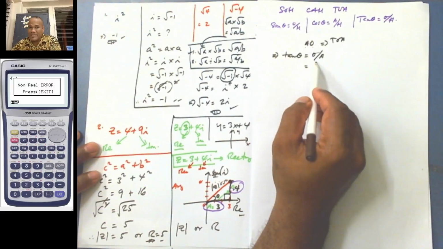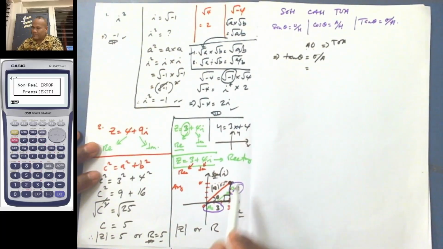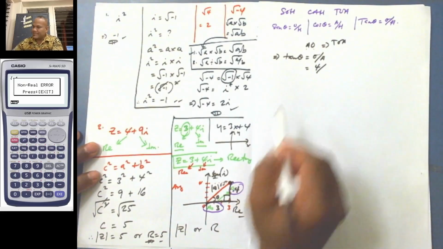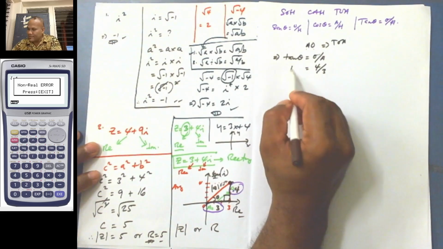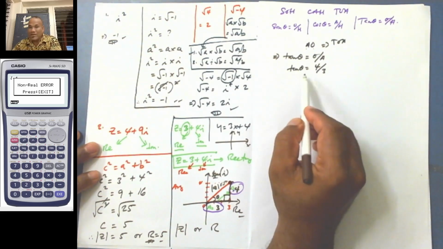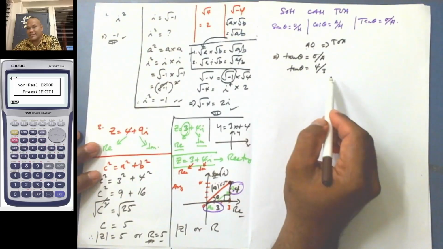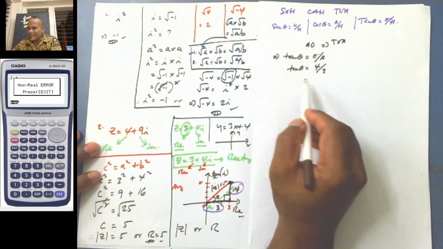What is my opposite? Our opposite is 4. So 4 divided by, what is our adjacent? Adjacent is 3. So we are left with tangent theta equals 4 over 3. I want to find theta. Take tangent to the other side. What is that equal to? Yes, tangent inverse.